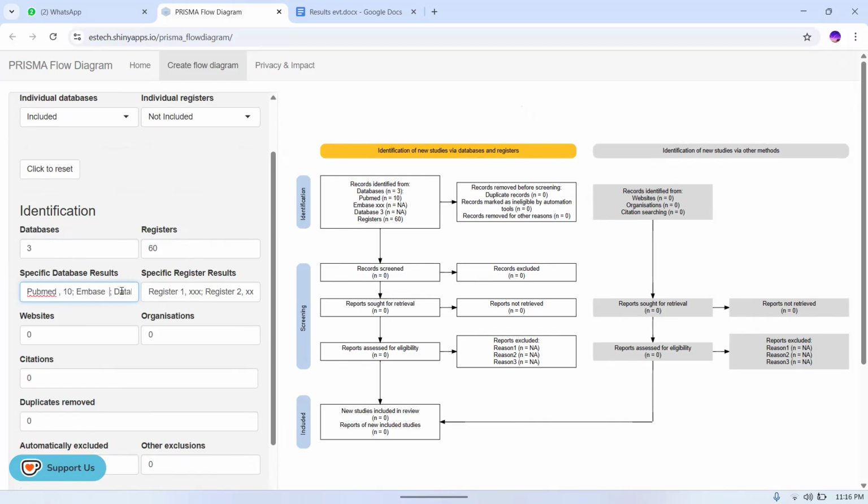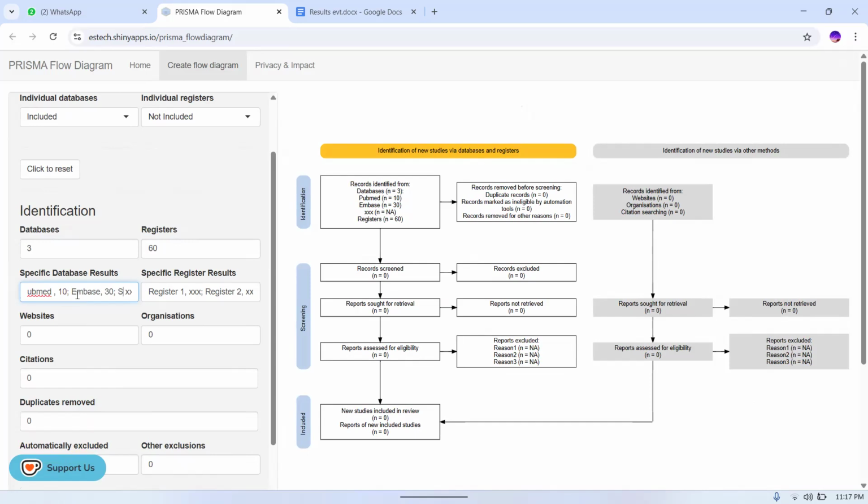Embase, let's say I imported 30 articles. See, it's showing an error to me now. Why? Because I removed this comma, then 30. Yeah. Now, the next database, at least three databases.